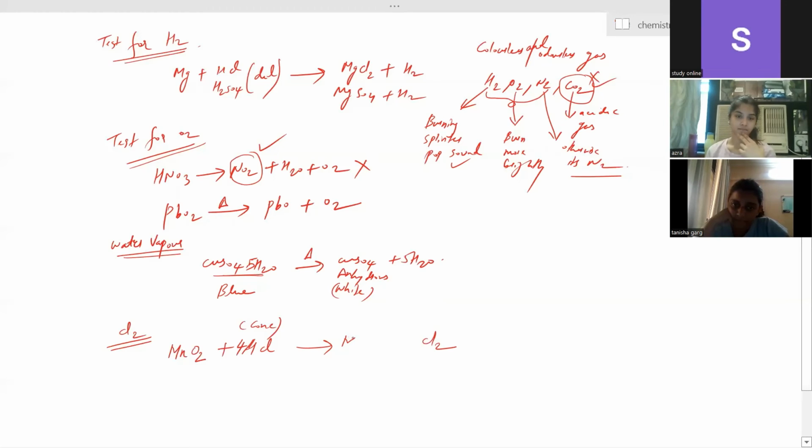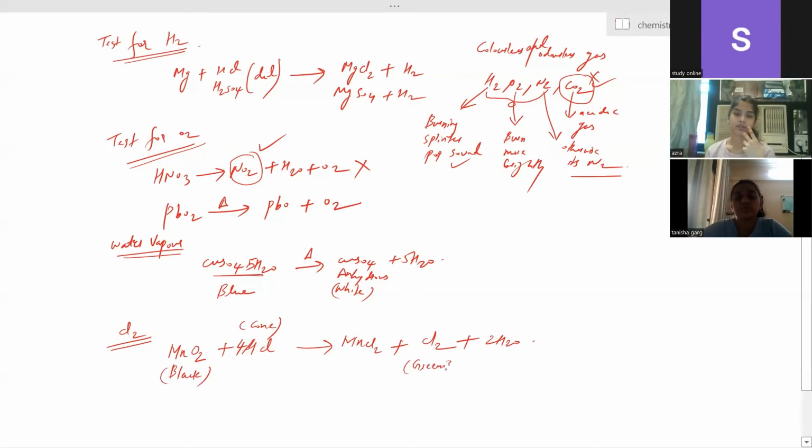MnO2 plus 4HCl. Water will be formed. This is used for the test of chlorine. MnCl2 plus chlorine plus water. Perfect. What will be the color of MnO2? Black.